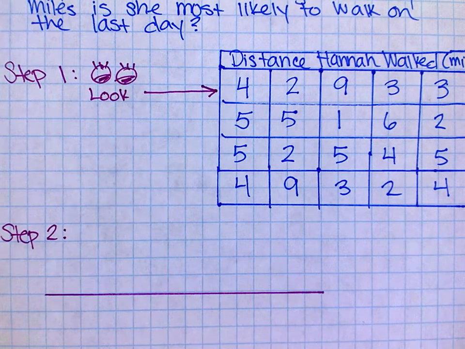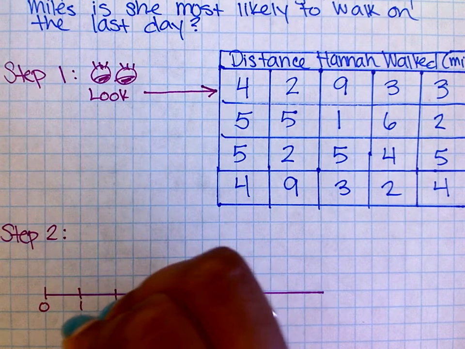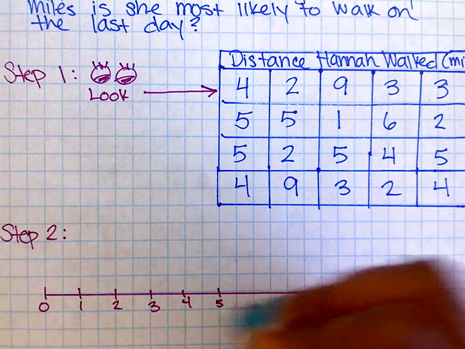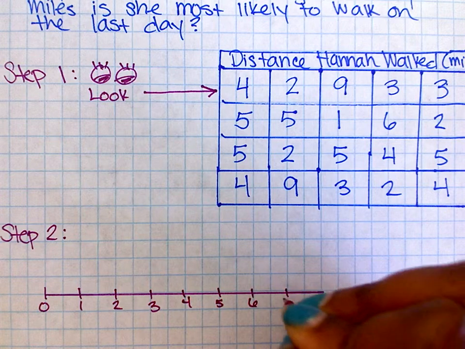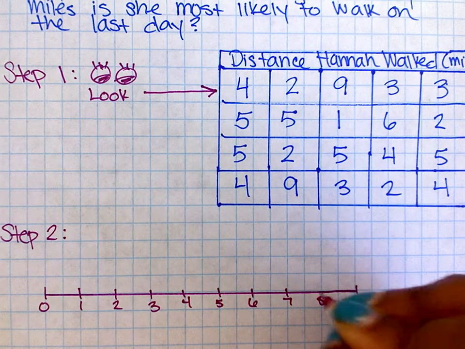Now looking at the data in the table, what should our number line go up to? What number? 9. 9. Awesome. So you can label by 2s if you want, by 3s if you want. I'm just going to label by 1s here. That's just me. 1, 2, 3, 4, 5, 6, 7, 8, 9.